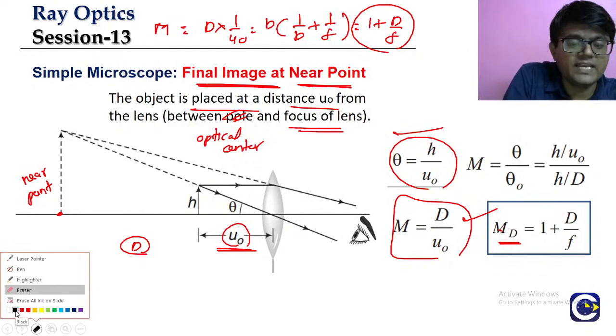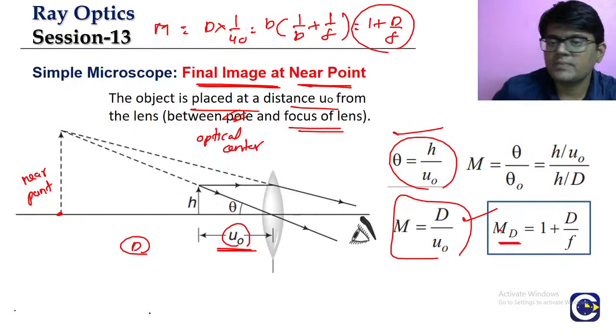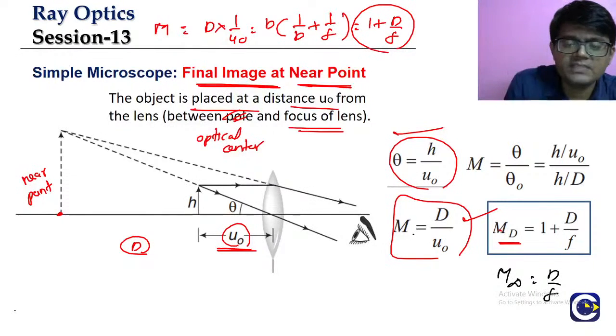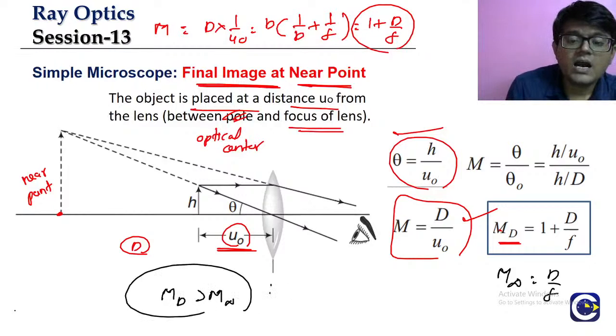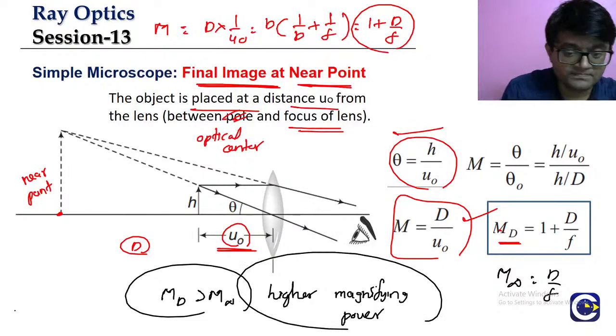Well, obviously, when we are able to see a relaxed view when the image is formed at infinity, why should we strain our eyes? Because you see the formula, right? What is M infinity? D by f. What is the magnifying power in this case? 1 plus D by f, which means in this case we are going to get a higher magnifying power.